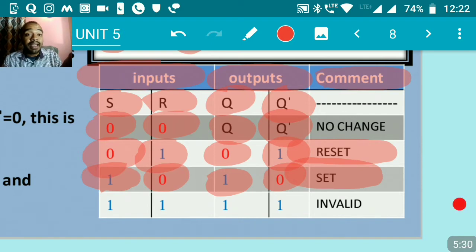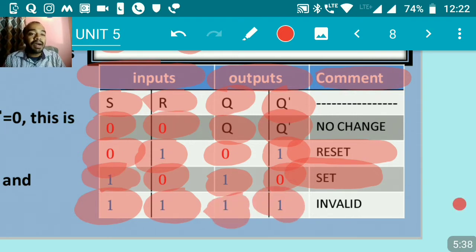Okay, so again we have one more input, that is S equal to 1 and R equal to 1. When both inputs are 1, Q is also equal to 1 and Q bar is also equal to 1, wherein when Q is equal to 1, Q bar cannot be equal to 1, because Q bar is the complement of Q. If Q is equal to 1, Q bar must be 0.